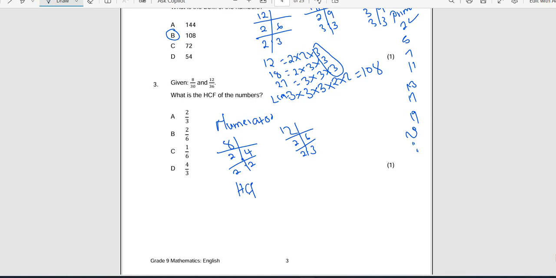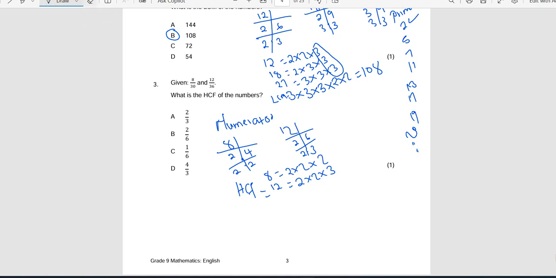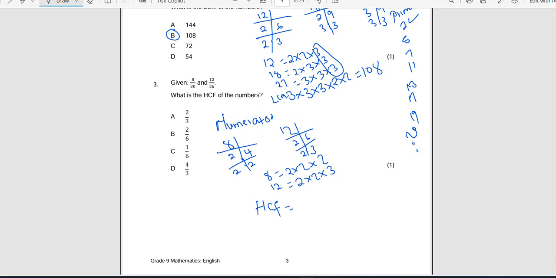HCF. I'll start by writing for 8 is 2 times 2 times 2. And then for 12, it's gonna be 2 times 2 times 3. Let me quickly write HCF.